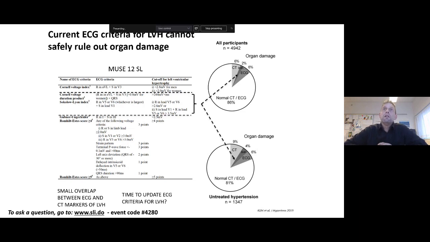In other words, the ECG criteria for left ventricular hypertrophy that we use every day in the clinic may not actually reflect the degree of organ damage. So you can see we can also use MUSE to reassess established criteria for disease, and then hopefully we can find ways to improve them in the future.